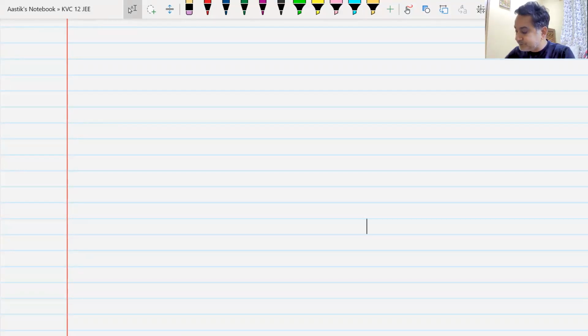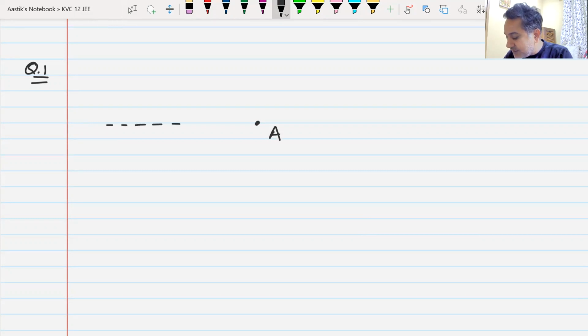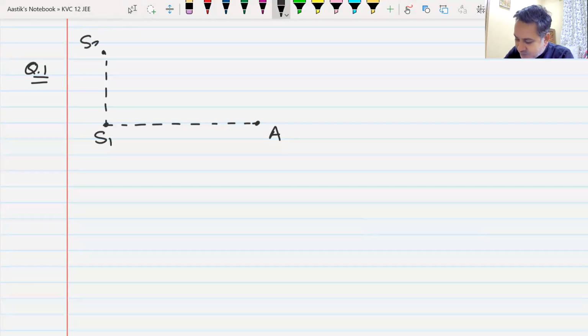For example, if I would devise a question to make you understand the phase difference and path difference concept, suppose this is a point A. Now this point A is getting waves from two sources. This is source S1. You might have seen such problems in sound waves.